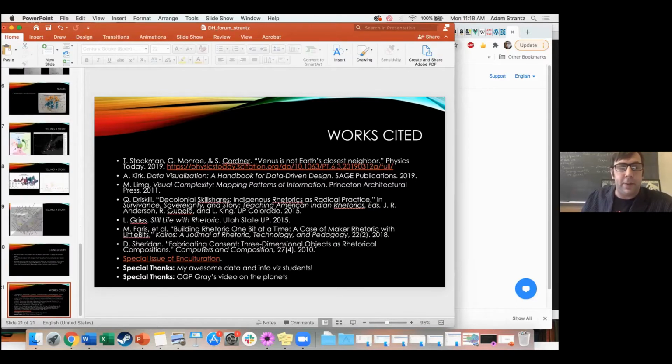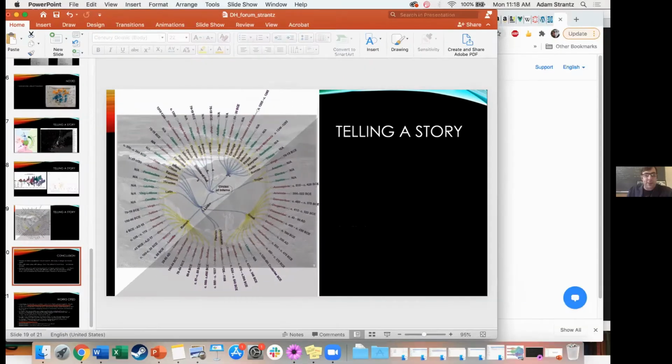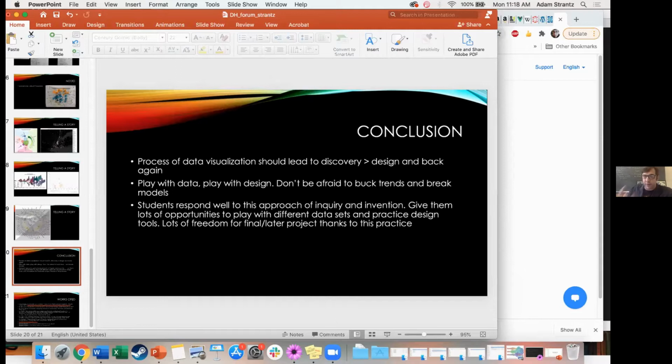And a little bit more of a humanities one, a student who visualized Dante's Inferno by tracing out where all the people were from and how Dante was just kind of taking pot shots at everyone he didn't like throughout the world and history. And really, it's all kind of coming down to that, is that, students, this process should lead to discovery and design and back again, and it's a messy, complicated sort of process. But when they get involved with it, they respond well to it.